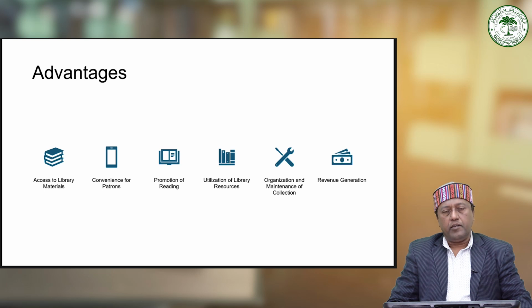So basically the job of the circulation section is the usage of documents and materials to the fullest. That is the optimum utilization of the resources which we have in the library. Every year we have a budget, and that budget is used in such a way that we keep on updating our collection, and whatever we procure, the library people have to see to it that it is being maximally utilized also.